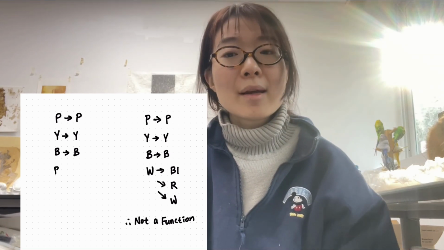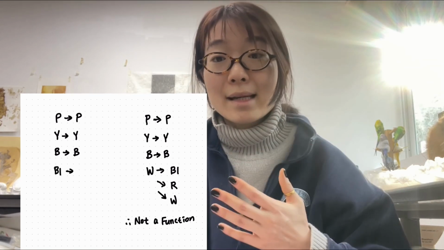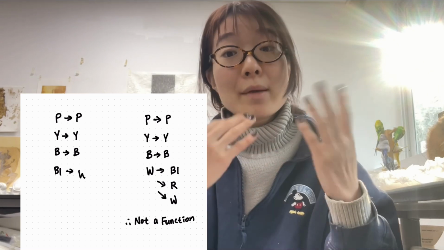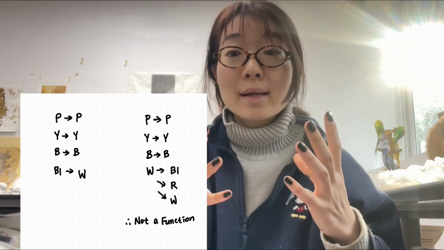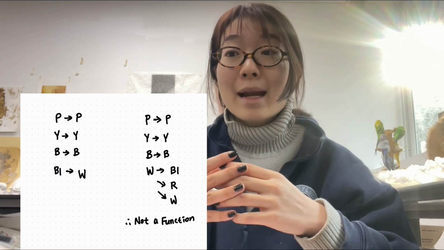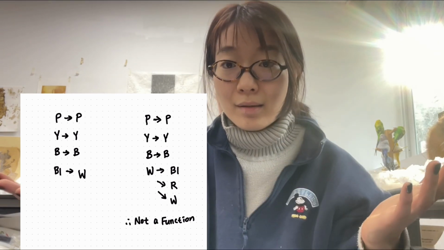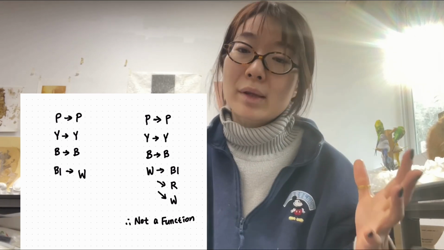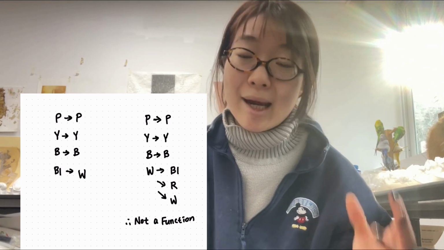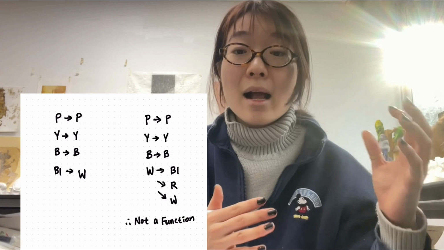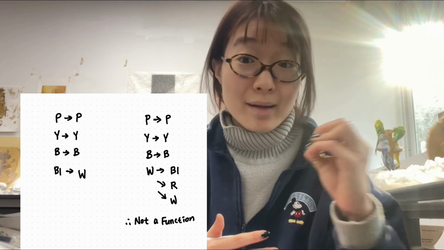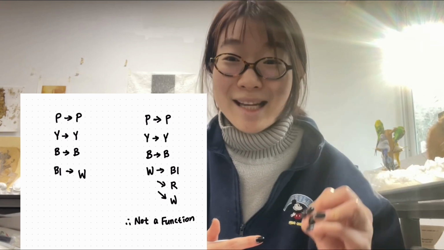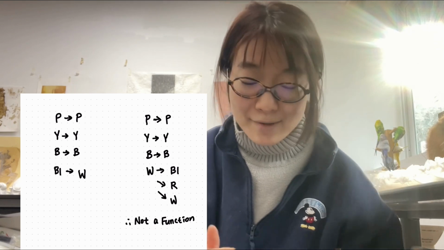When the order was reversed, for instance, when our input was white candy, we didn't know what the output would be clearly. However, in this instance, having black poop clearly means he had white candy, right?